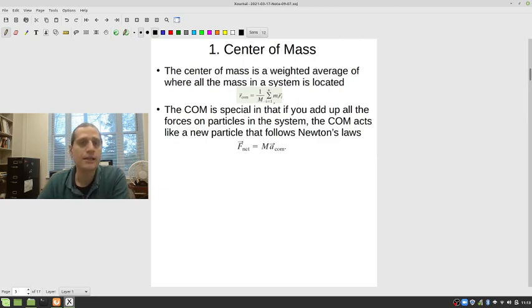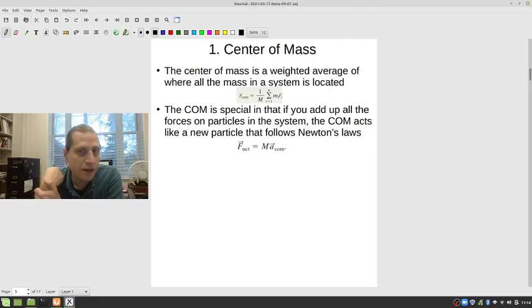So for instance, the Earth and the Sun have a center of mass, and it's real close to the center of the Sun. When the Earth goes around, the Sun wobbles a little bit, but the Earth is going in a big swinging circle around it. The center of mass of the entire system doesn't move a lot. And so that's an interesting point.